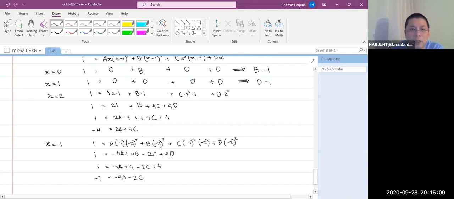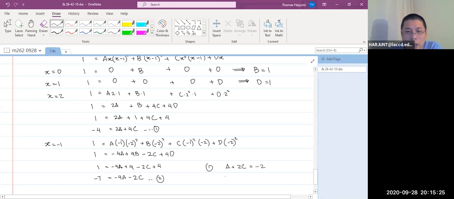Let me simplify that a little bit. Let me call this equation 1. Let me call this equation 2. Equation 1, I get a plus 2c equals to -2. I reduce by 2.